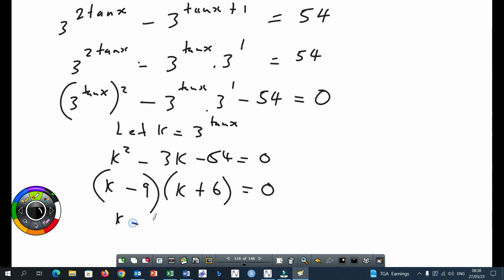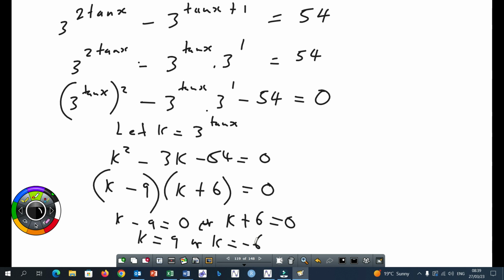So K minus 9 equal to 0, or K plus 6 equal to 0. Then obviously you get K equal to 9, or K equal to minus 6. Then you substitute back. Are you following?